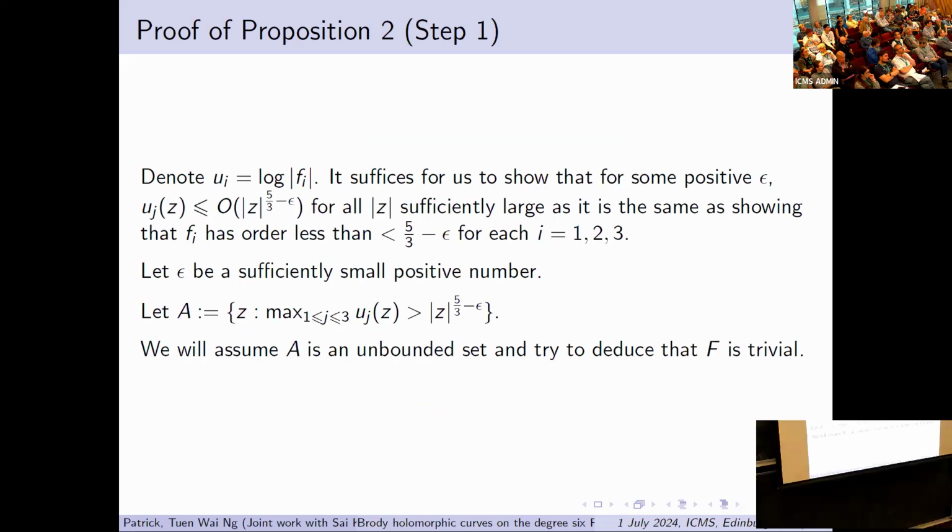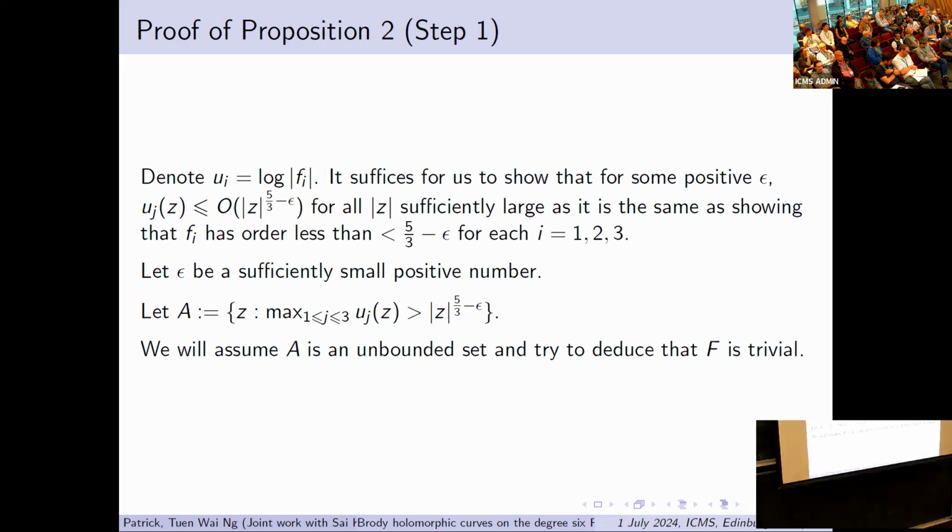Now we want to prove the order is less than 5 over 3. This is the same as proving that all these u_i satisfy this growth estimate. We are going to prove this in this way.